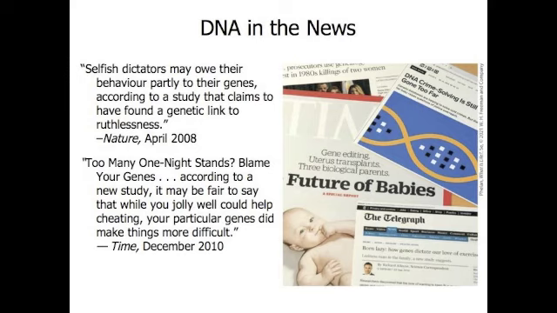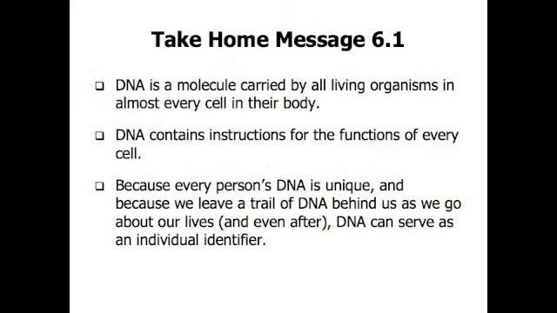We'll explore these issues and more, beginning with a look at the structure of DNA and how it contains the information for producing organisms. And that brings us to our take-home message for section 6.1.